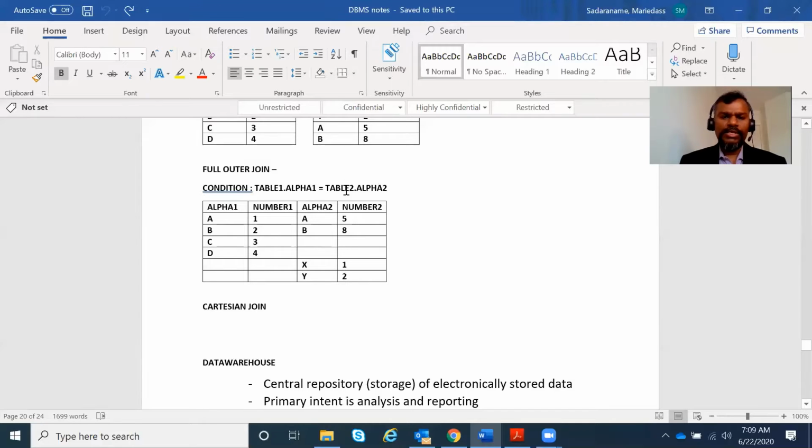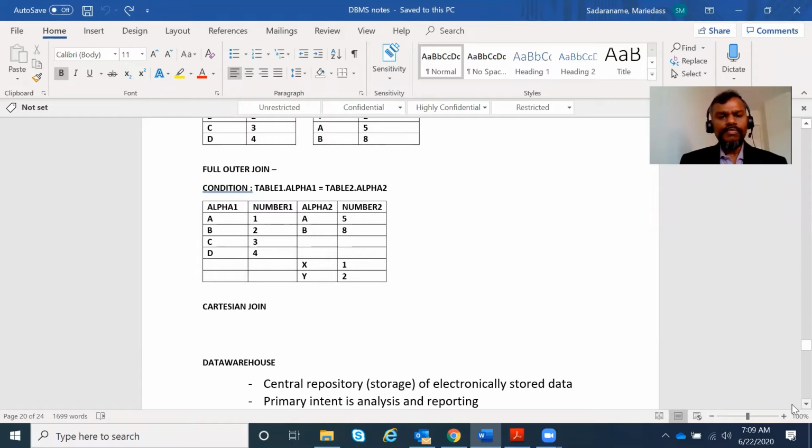So between table 1 and table 2, I wanted to compare these two columns, and if those match, I want to get the records. Usually for any join, there is a condition, and when the condition is matched, it fetches the records from those two tables and displays them in your editor, whatever editor you use to put the SQL in.